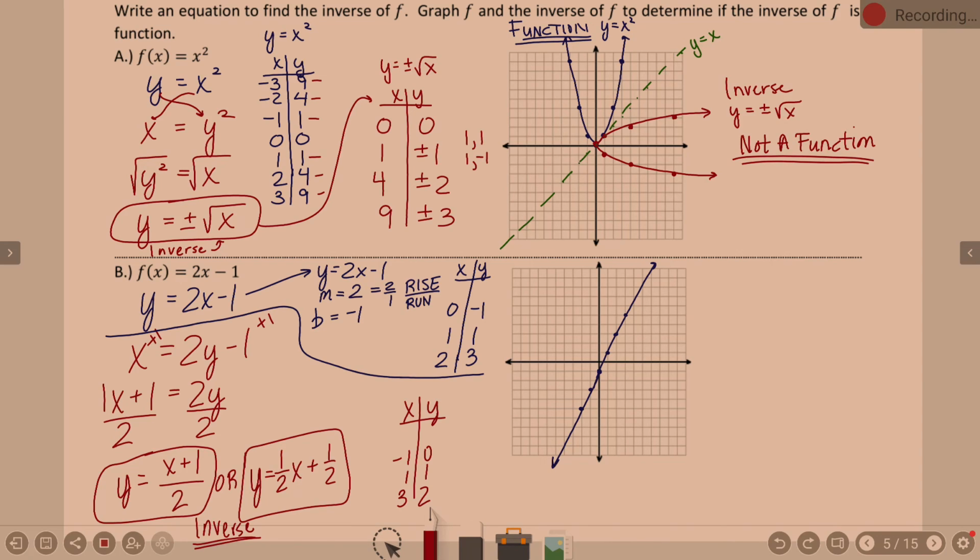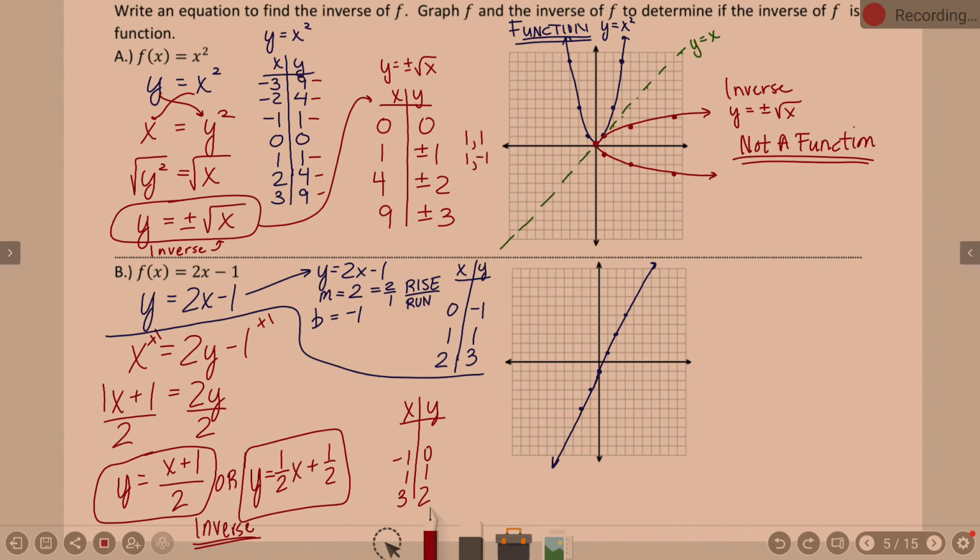But if you plug in points, it'd be easiest to do this over here in this one, because negative 1 plus 1 is 0, divided by 2 is 0. If I plug in 1, 1 plus 1 is 2, divided by 2 is 1. If I plug in 3, 3 plus 1 is 4. 4 divided by 2 is 2. They all work, don't they?